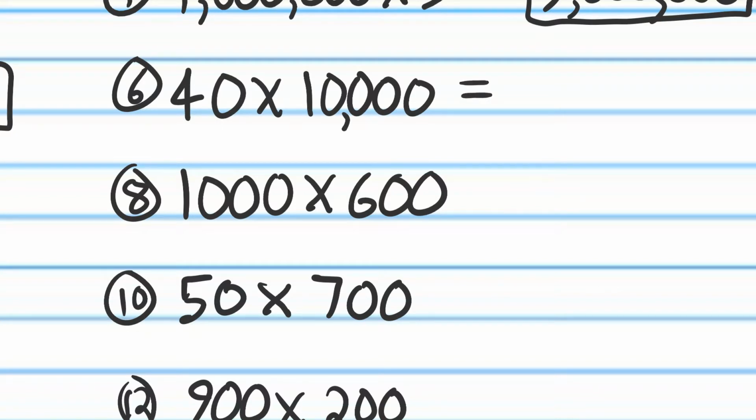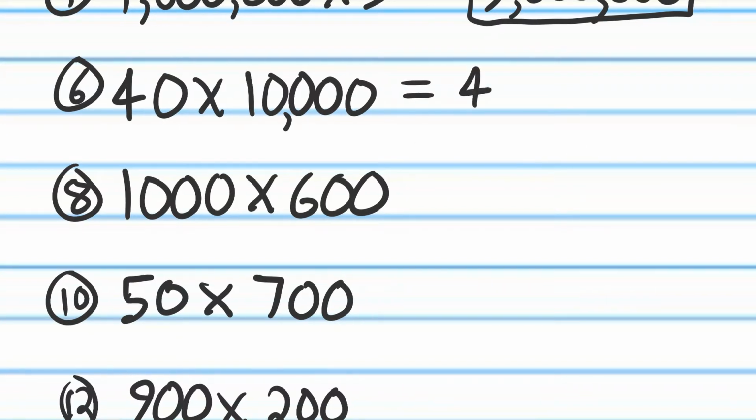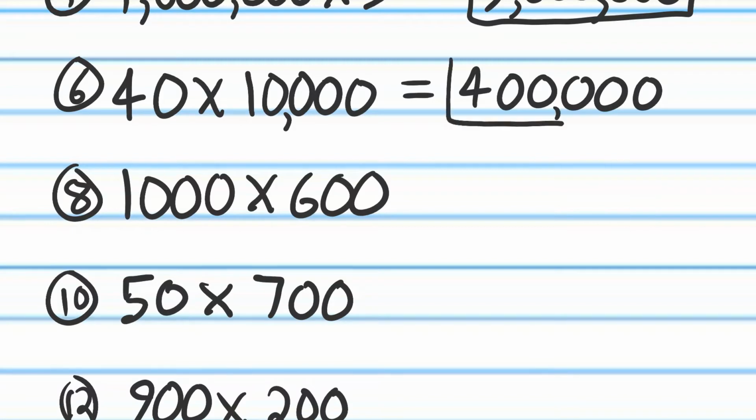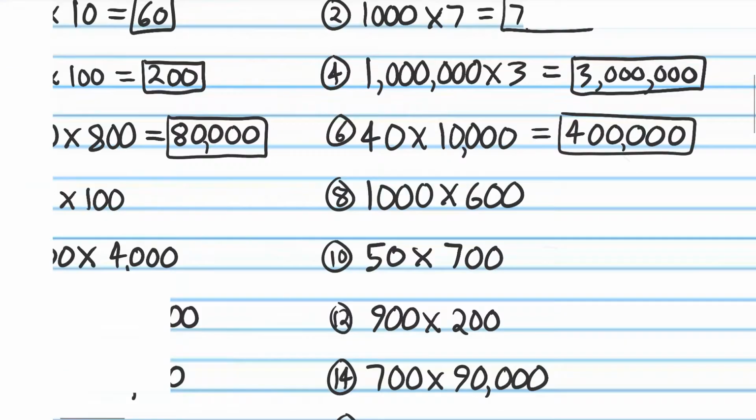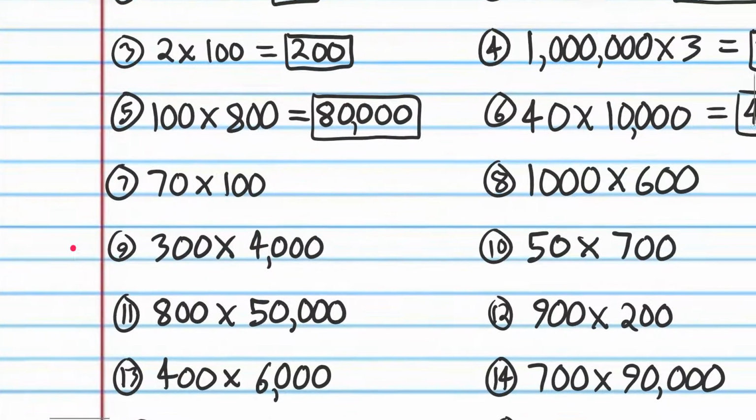All right, we're back. So you should have a 4 with 1 zero because it already has a zero, and then 1, 2, 3, 4 more zeros. So that's a total of 5 zeros, and that's 400,000. So if you got 400,000, good job.